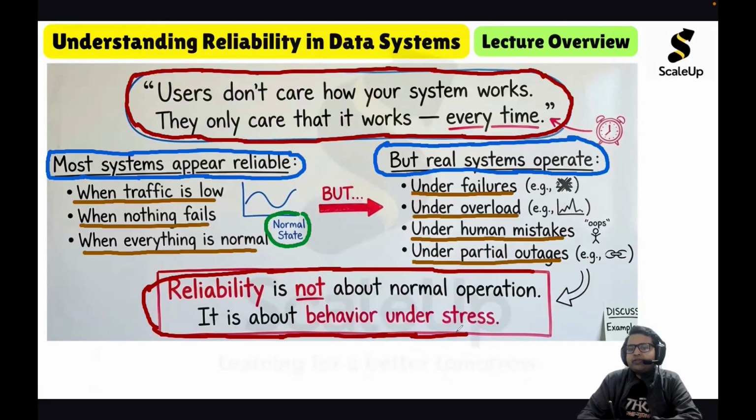To test whether the system is reliable or not, we have to check its behavior under stress: under failure, under overload, under human mistakes, under partial outages. How the computing system works will decide the reliability. So that is what we will be discussing in this lecture, reliability in data systems.